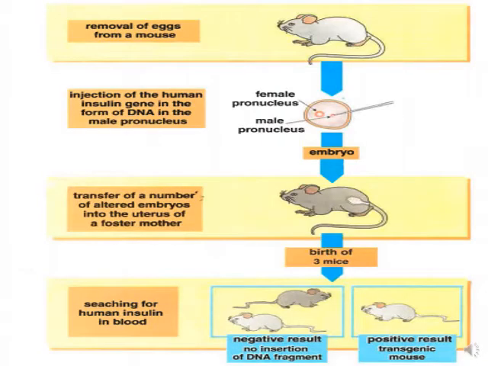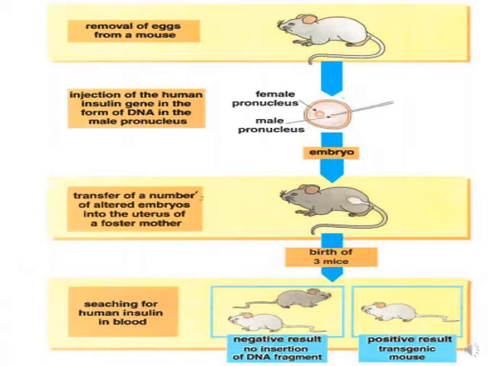Let's have this experiment. In this experiment, we remove the egg of a mouse. We inject a human insulin gene in the form of DNA. So, injection of a human insulin gene. This gene is exclusive to humans.